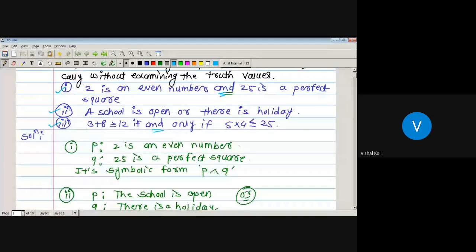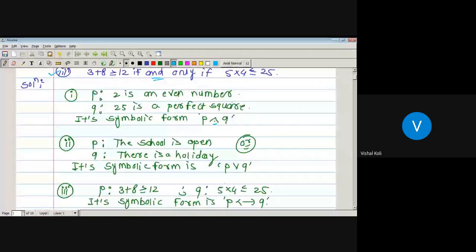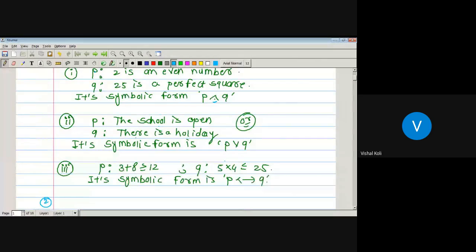Then its symbolic form is P and Q. Similarly, in the second one we take P as school is open and Q as there is a holiday. Since the connective is or, its symbolic form is P or Q. And in the last one we have the connective if and only if. Therefore, with P as 3 plus 8 greater than or equal to 12 and Q as 5 cross 4 less than or equal to 25, its symbolic form is P if and only if Q. Now the second example.